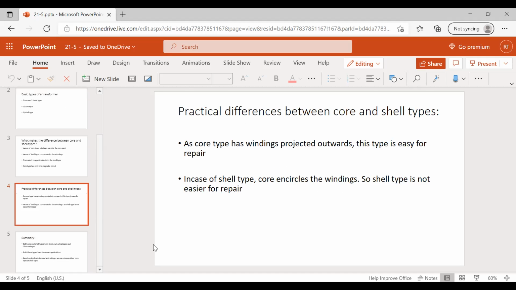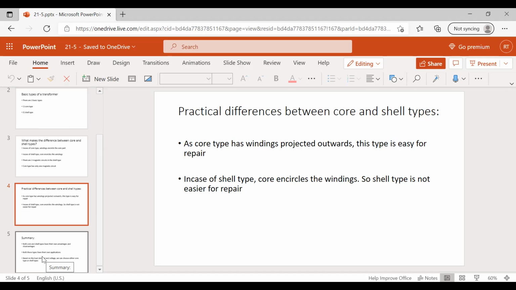So what is the practical difference between core and shell types? Practically, the core type has windings that are projected outwards. As the windings are projected outwards, it is very easy for maintenance, repair or replacement. In case of the shell type, the windings are inside and not visible from outside, so repair, replacement or maintenance is very difficult.